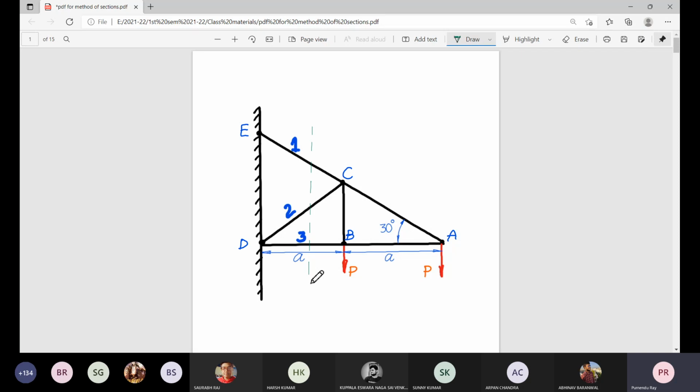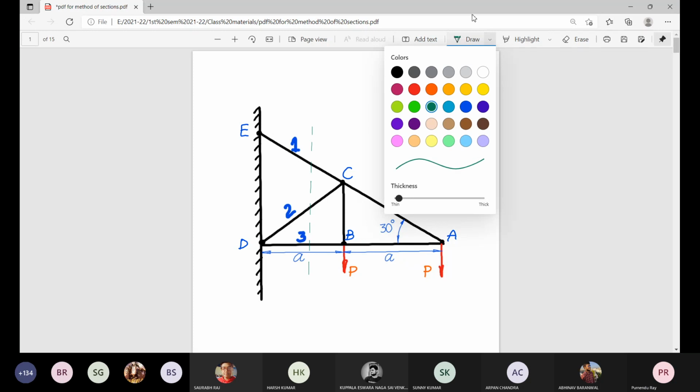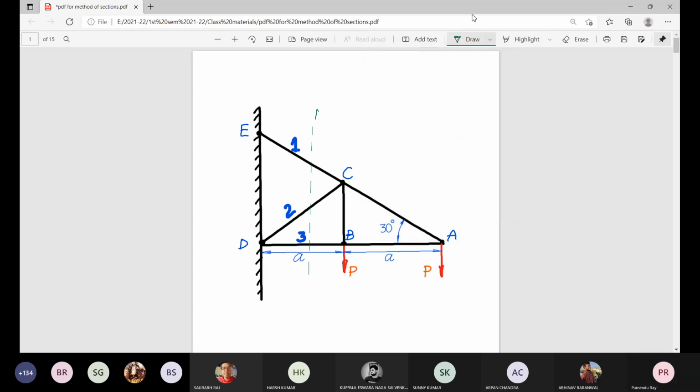So for that number of planes, we give the numbering of these planes, suppose first section 1, 1. Of course, it is not required to give the section name here for this particular problem. But anyway, this is the way how we identify different sections.